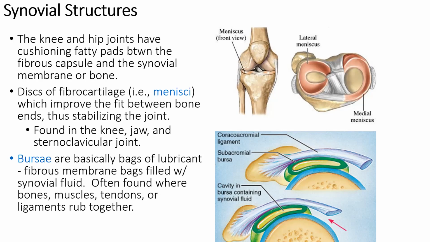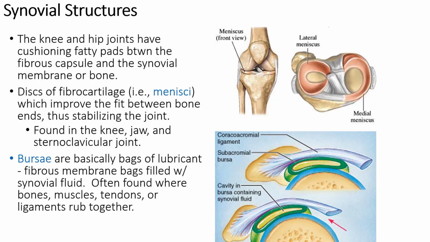And so the end of the femur butts up against those meniscus pads here. They stabilize the knee joint. They stabilize the femur. We have these fibrocartilage pads there and there. We call them the left and right meniscus.